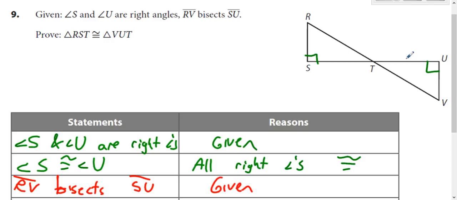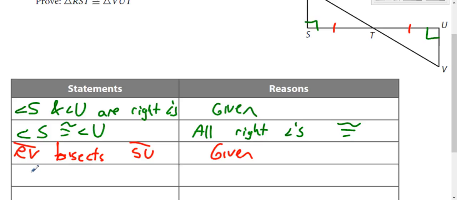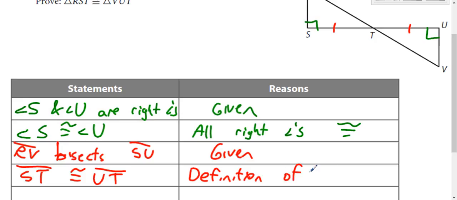RV cuts SU in half, which means that this side, ST, will be equal to TU because it was cut into two equal pieces. That's what it means to bisect. So the definition of bisect.